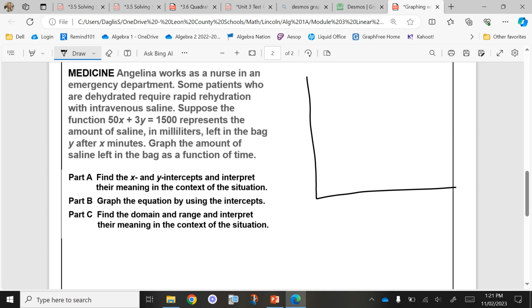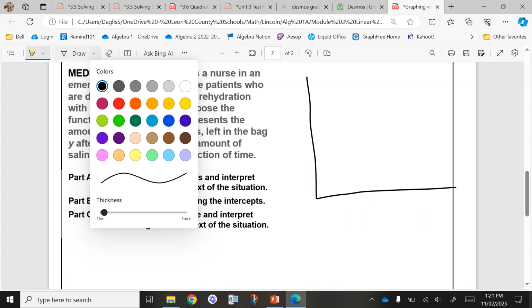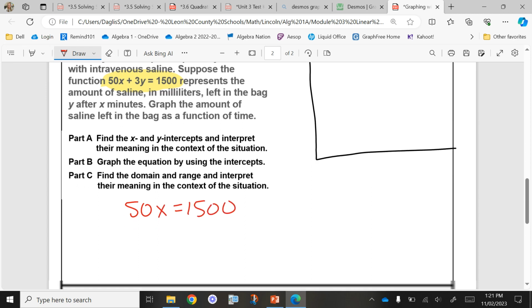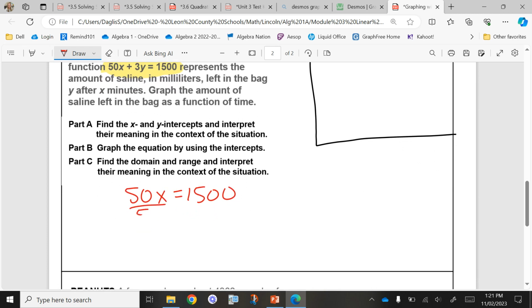To get my x-intercept, okay, so we're looking right here. 30x plus 3y equals 1,500. Which one of those has the x? The 30. So we're going to say 30x equals 1,500. Divide both sides by 30.